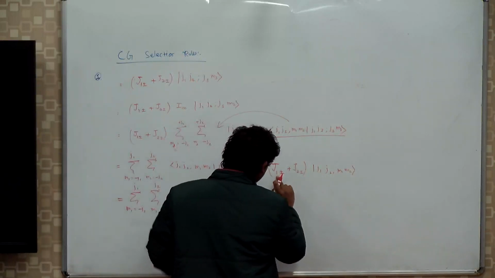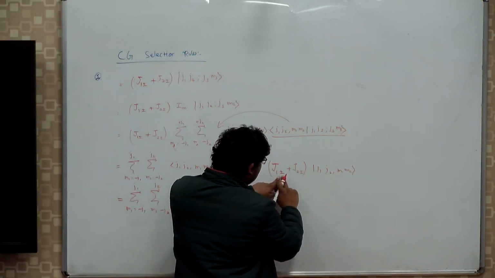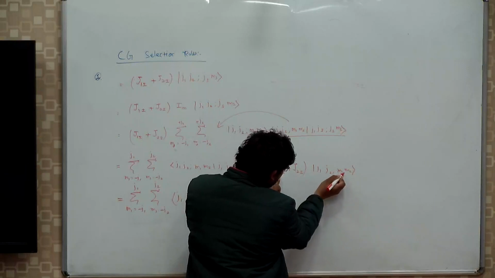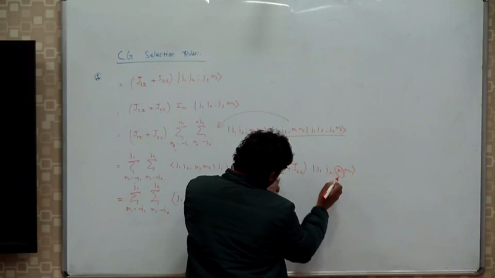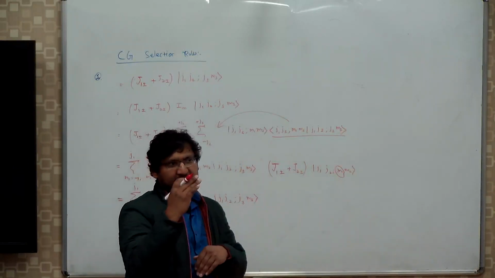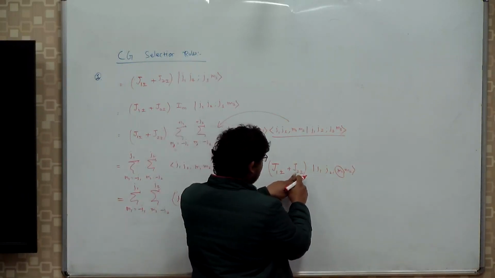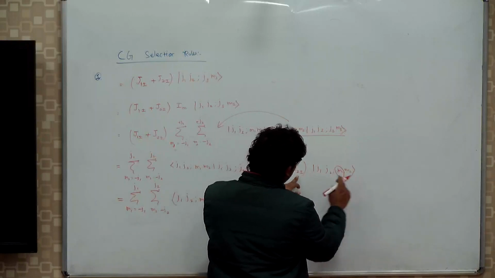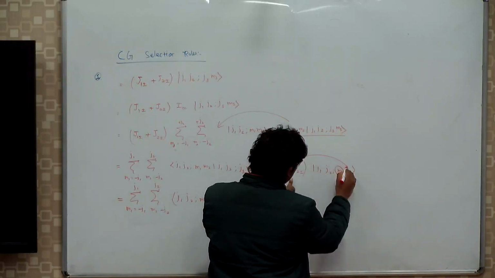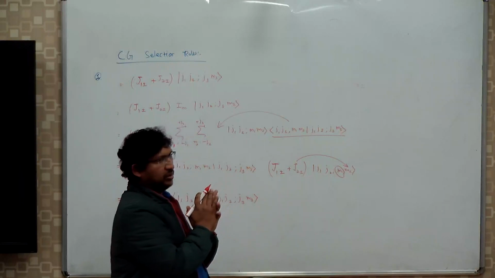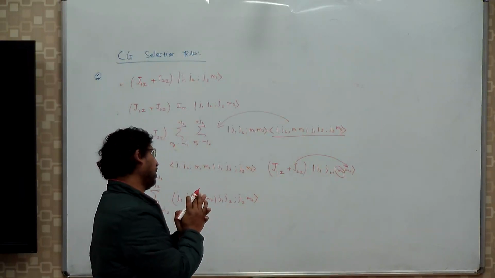Here, when this operator j1 plus or minus acts on this state, the magnetic quantum number m1 will move up or down one notch. Then when j2 plus or minus acts on this state, it will change the magnetic quantum number m2 one notch up or down.